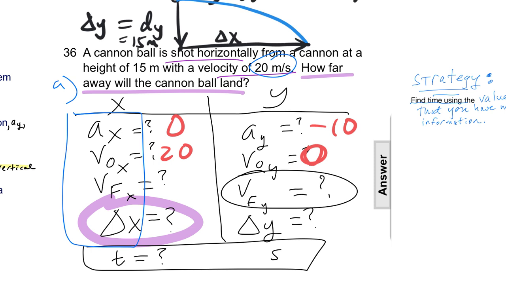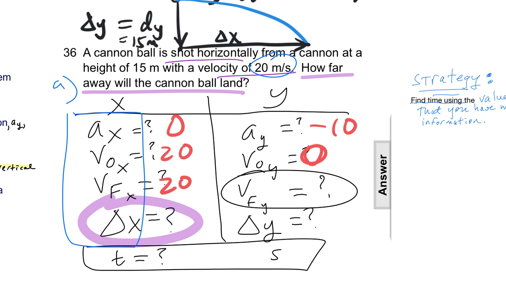What's VFX? Well, VOX does not change at all because AX is 0. So that has to be 20 as well. What's VFY? I don't know. I'm going to have to figure that out. But we've done that before with free fall.